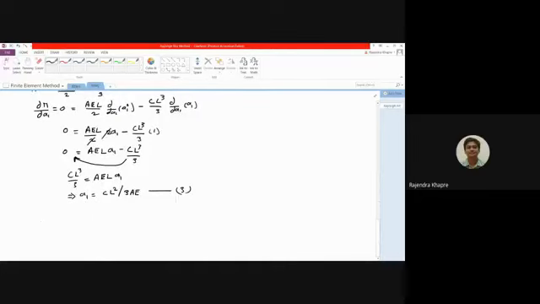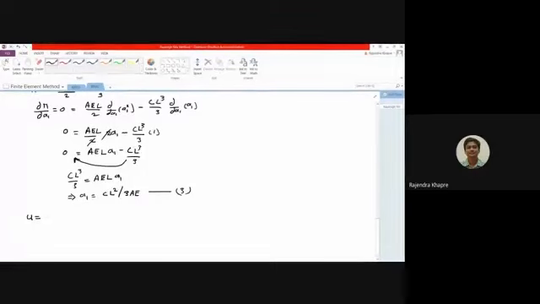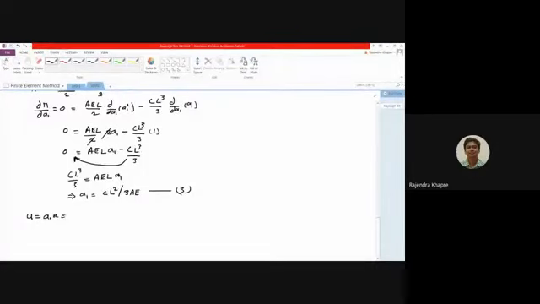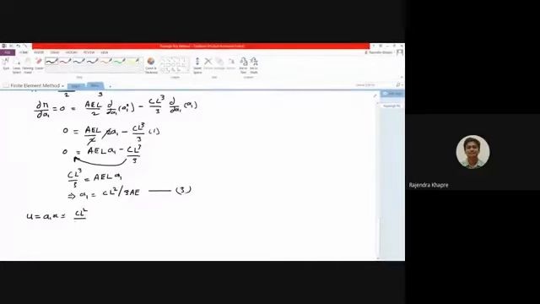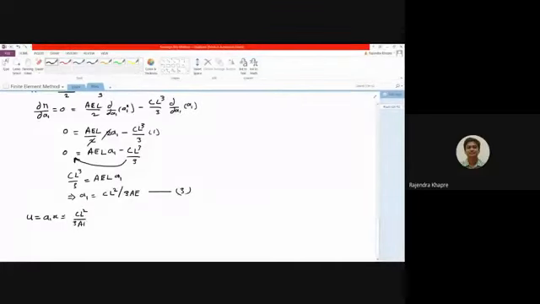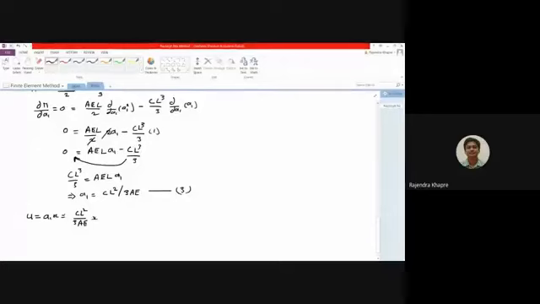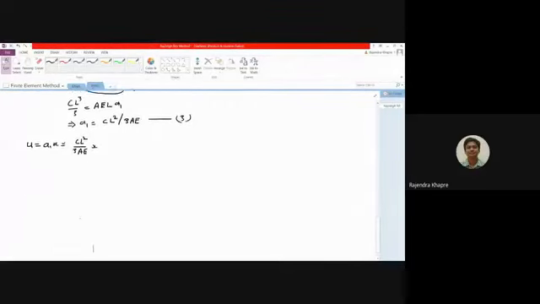So your displacement polynomial U will be A1 into X. We can substitute the value of A1 over here. So this is C L square divided by 3 times AE into X. Okay, so this is the expression for the displacement.